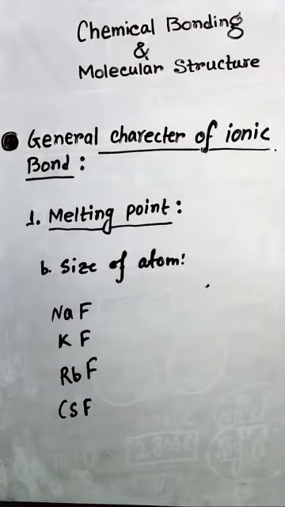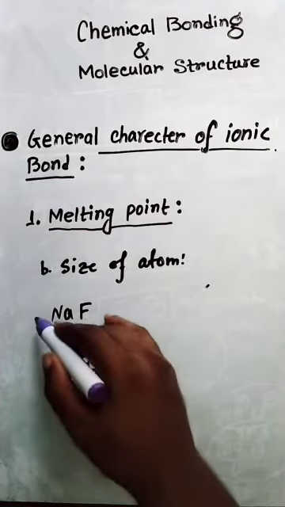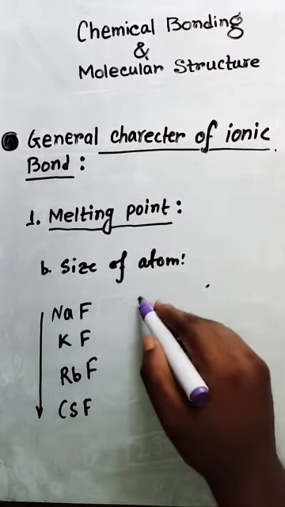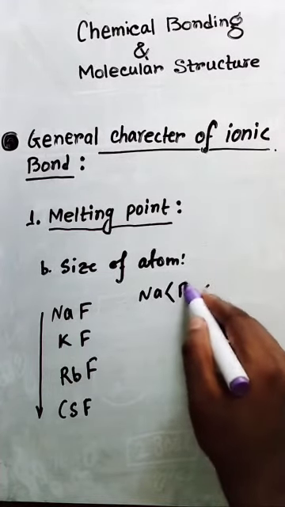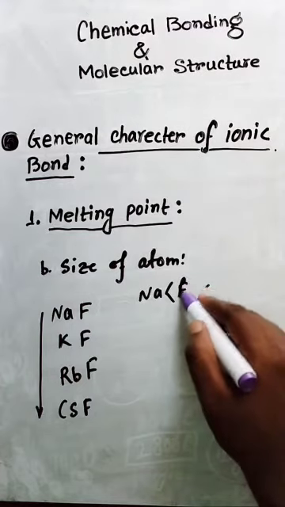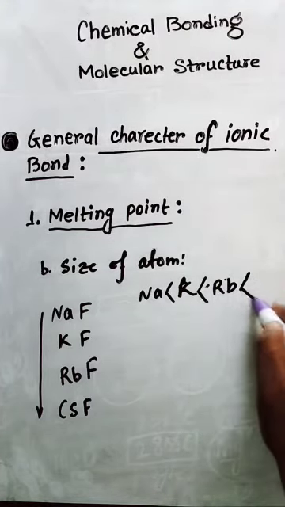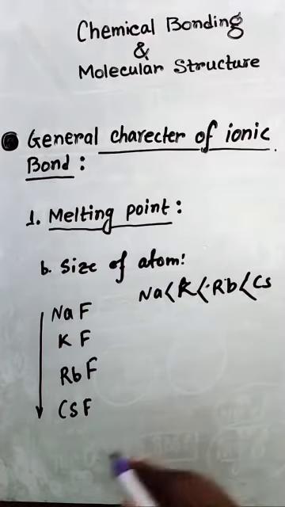For example, sodium fluoride, potassium fluoride, rubidium fluoride and cesium fluoride. If we move from top to bottom in the periodic table, the size of the element increases. So here sodium has a smaller size than potassium, then rubidium, then cesium.